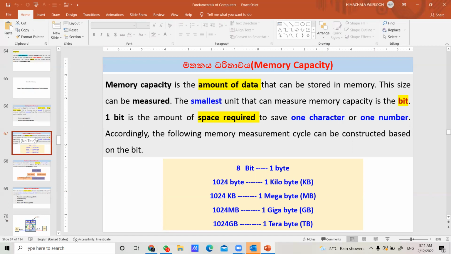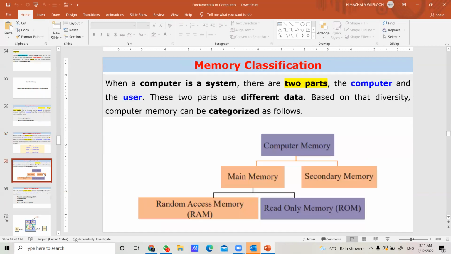After discussing the capacity, the next important point is memory classification. I think this is the point where we stopped last time. Mainly, there are 2 types of memories in a computer: main memory and secondary memory.